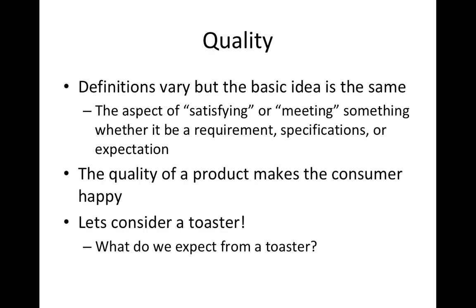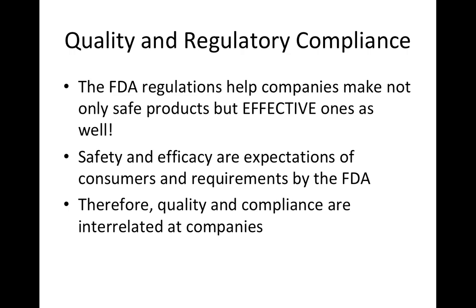Other people, for the most part, just expect that it toasts your bread well, right? Like it gets you to the right level of crunchiness that you're happy with, and it's nice and warm. So it really depends on the customer base and what you're trying to do with your product. Your quality can vary depending on what standards you're trying to meet.